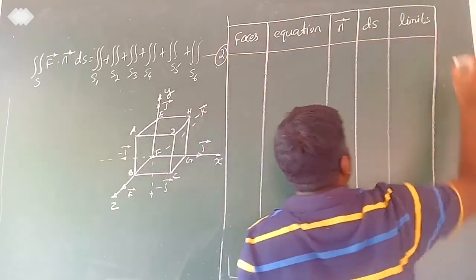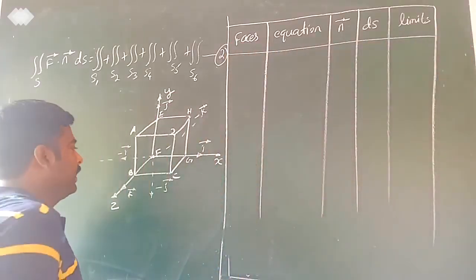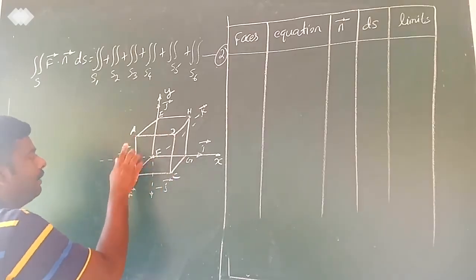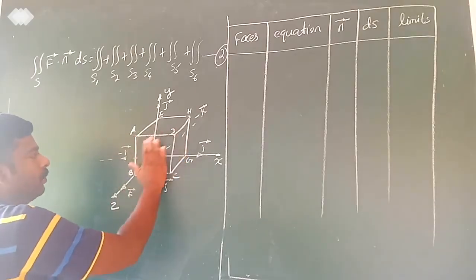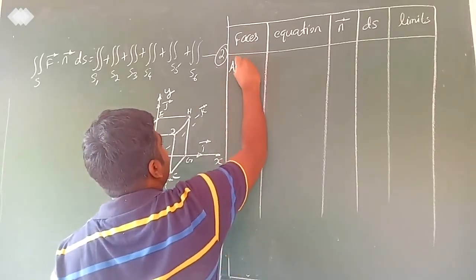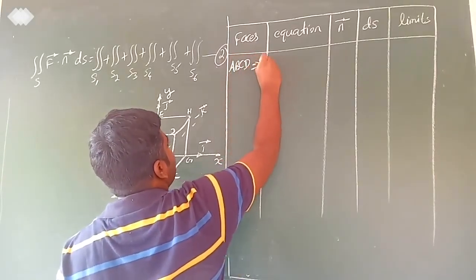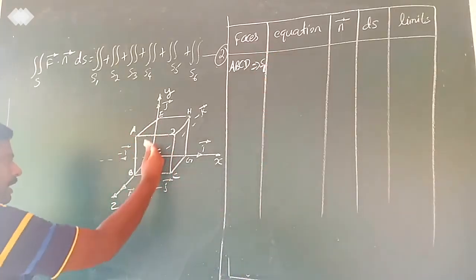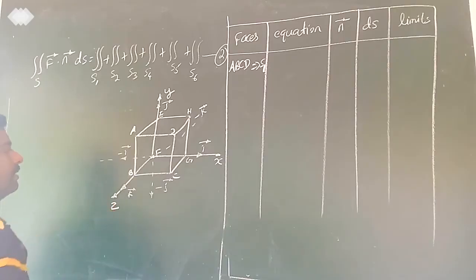So first, I already told you in the cube there are 6 faces. So A, B, C, D is one face, and this one is considered as face S1. Here the equation, this is in z-axis.